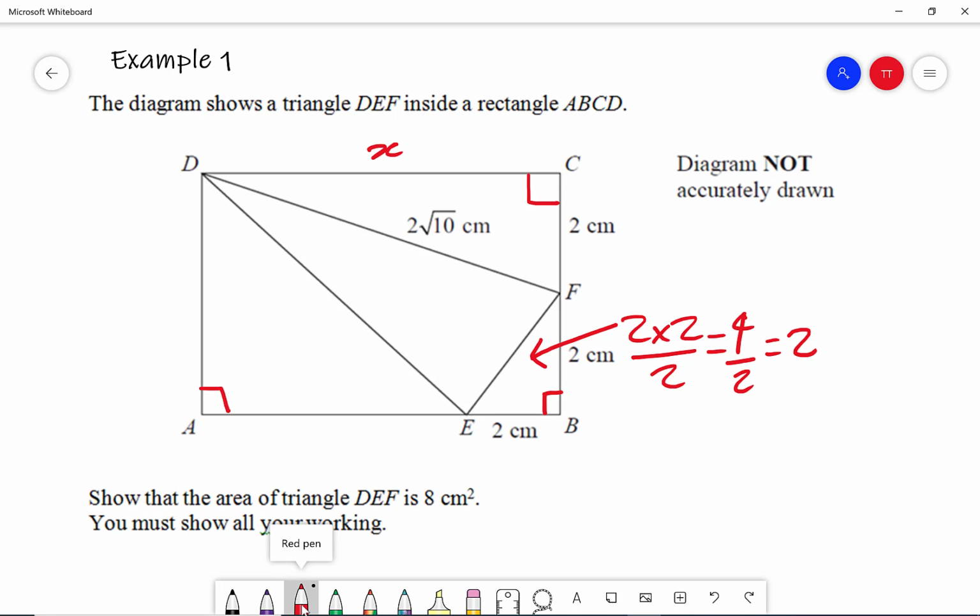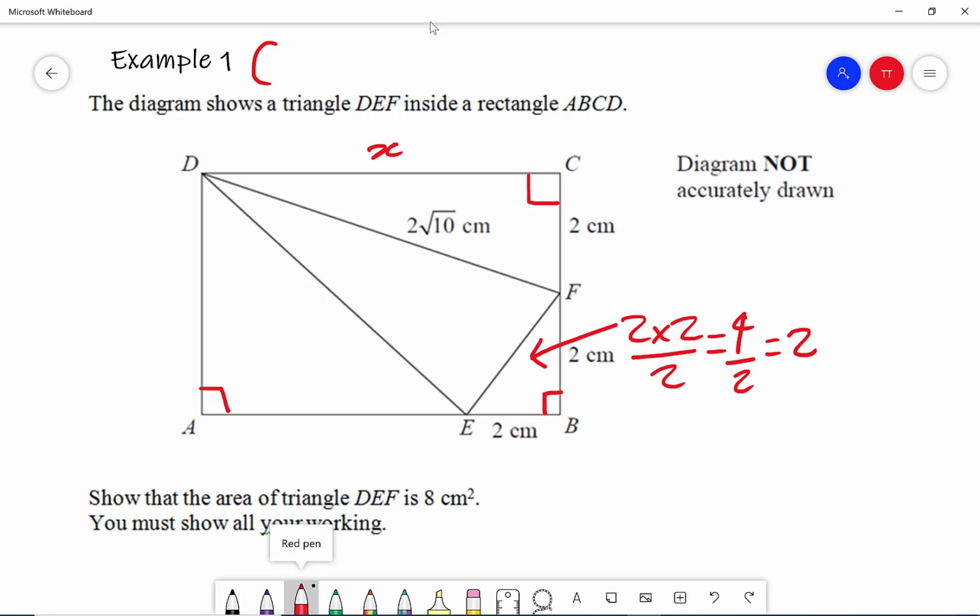So what I want to do now is work out what DC is. Now I can do DC by saying it's going to satisfy Pythagoras' theorem. The side opposite the right angle is called the hypotenuse.